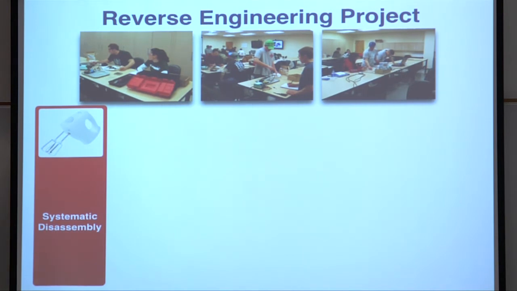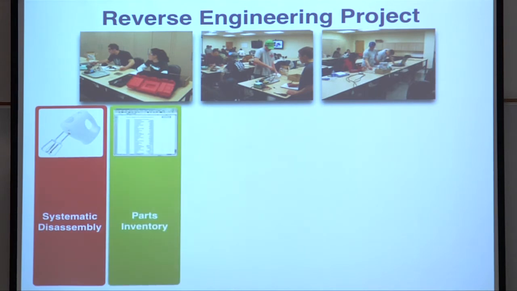In this case, we used a hand mixer from Target, $7. Gave everybody a $7 mixer in every pair of students. And these design studios have toolboxes for each student group. So there's some pictures at the top of the students ripping apart one of these blenders or mixers.